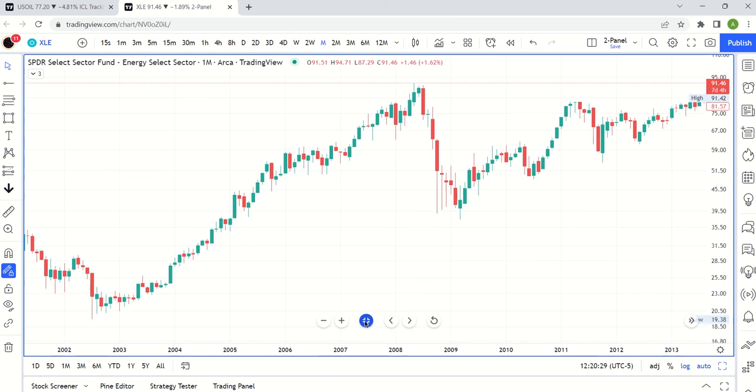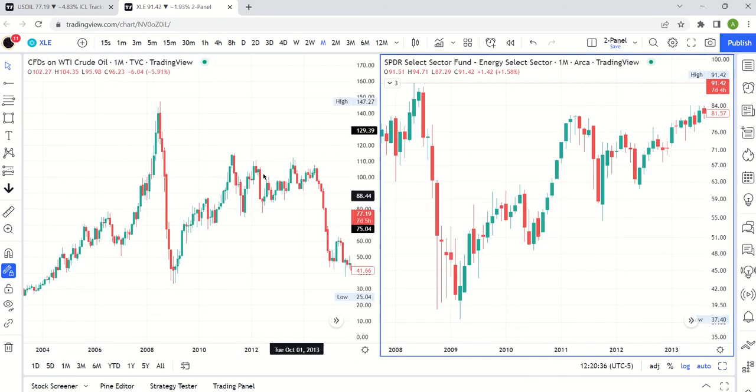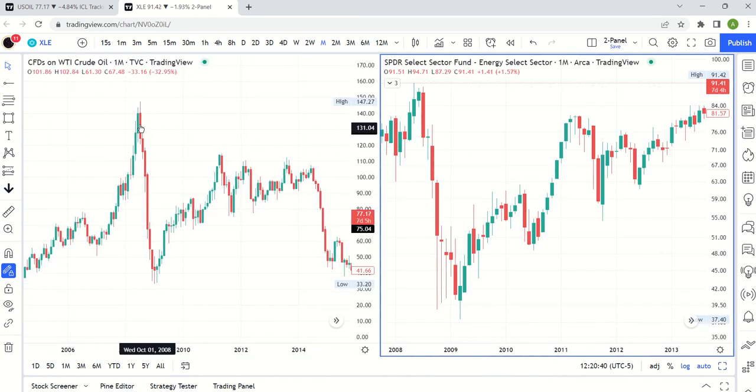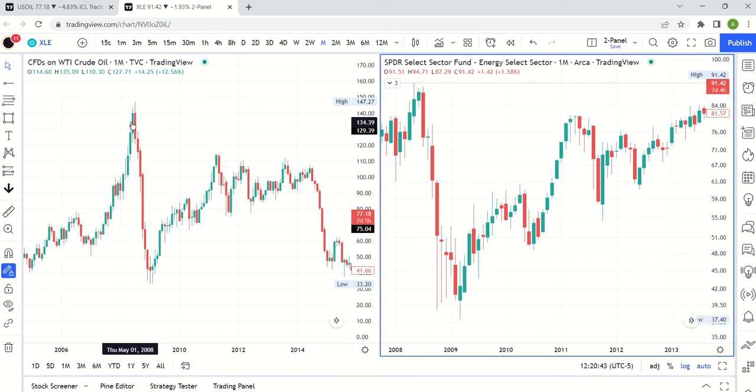That's the thing you want to pay attention to. Oil had a green month in May and a green month in June, whereas XLE had a green month in May.